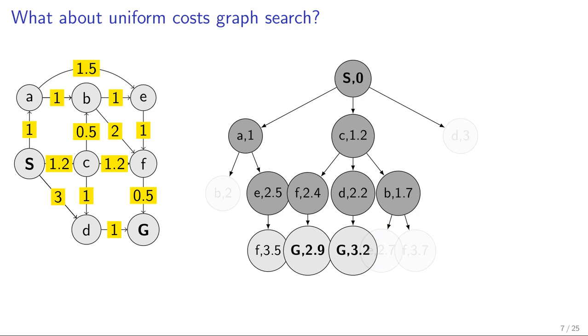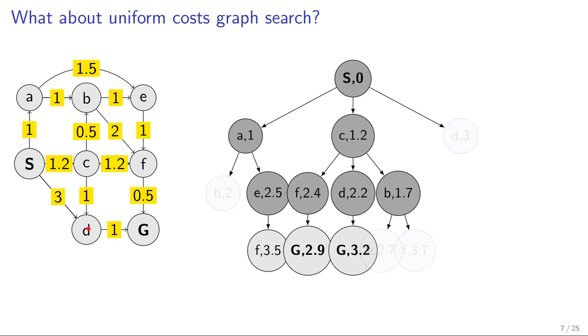Well, there's no need to check D3 because we had this D2.2, and we cannot possibly win anything by doing anything from D3, because we already have D2.2, and it's the same D in the state space. We just have a cheaper path, so it's not interesting to take into account longer paths to the same state.